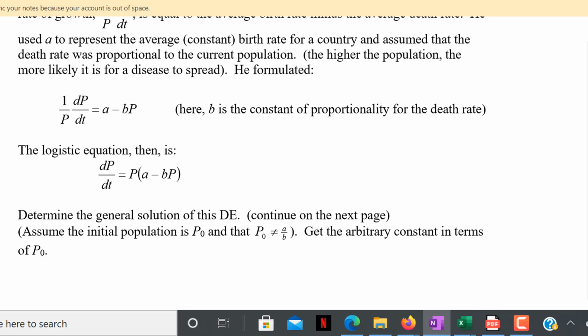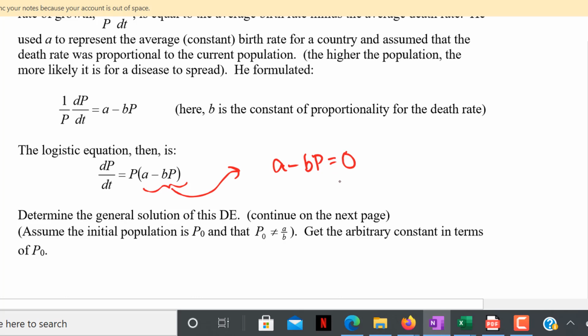And it says, determine the general solution of this differential equation. Assume the initial population is P naught and that P naught is not equal to A over B. And the reason they do that is because this second factor is equal to 0.